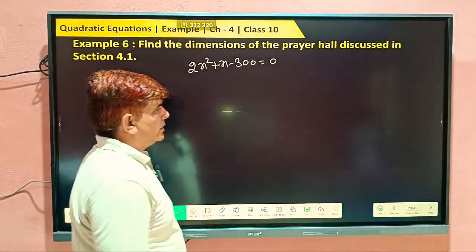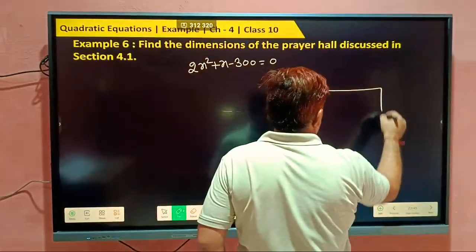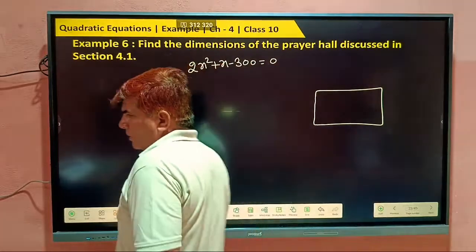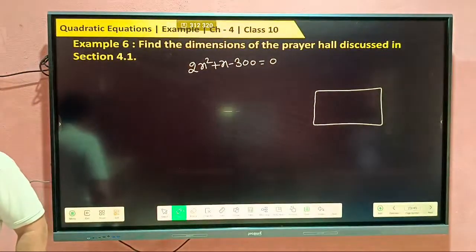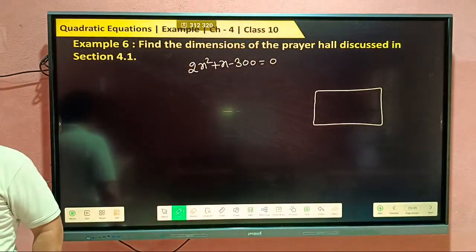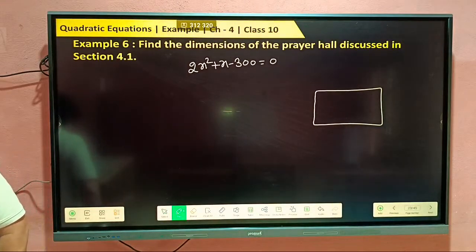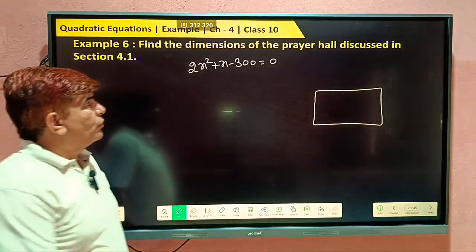At the starting of the chapter, this type of situation comes. The rectangle is like this. After preparing the algebraic expression, or we can say quadratic equation, its form is this. And we have to find out the value of x.